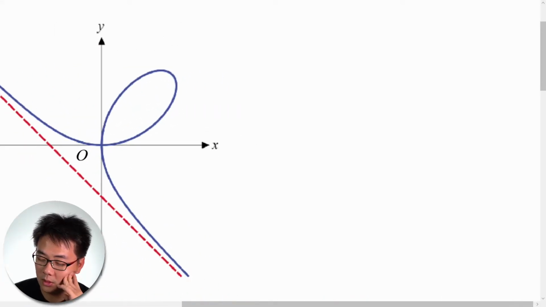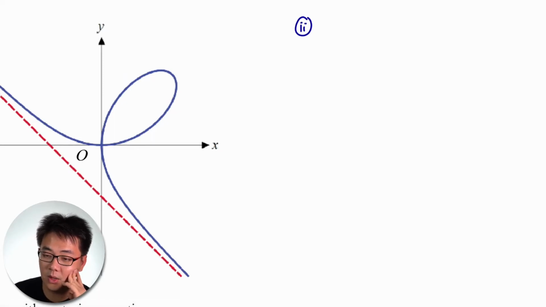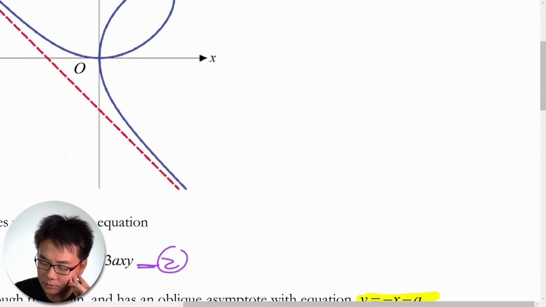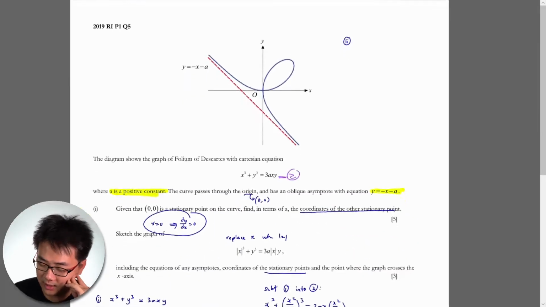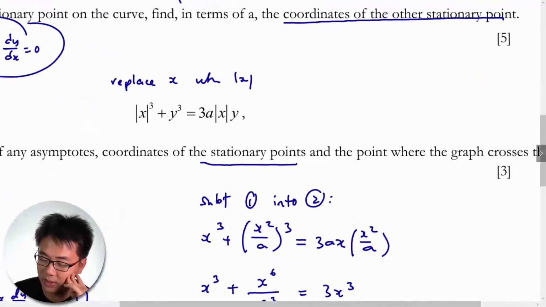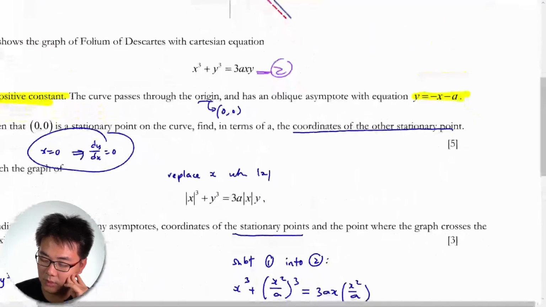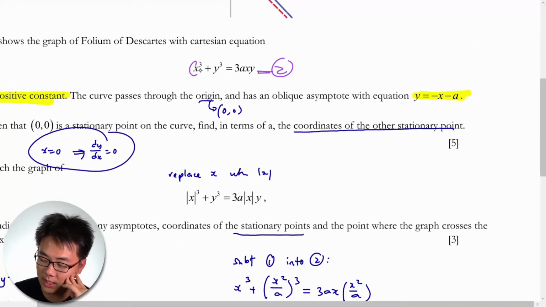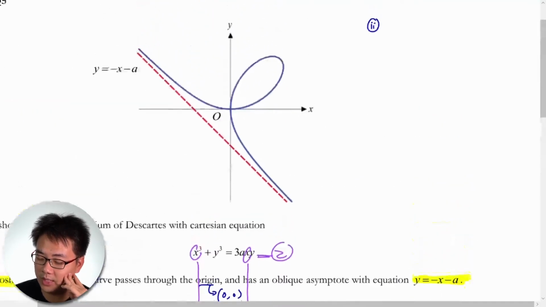For part 2, if you want to sketch a graph, please label every single thing out. What I'm saying is you are replacing x with mod x from here to here. So it means you undergo the modulus x function.